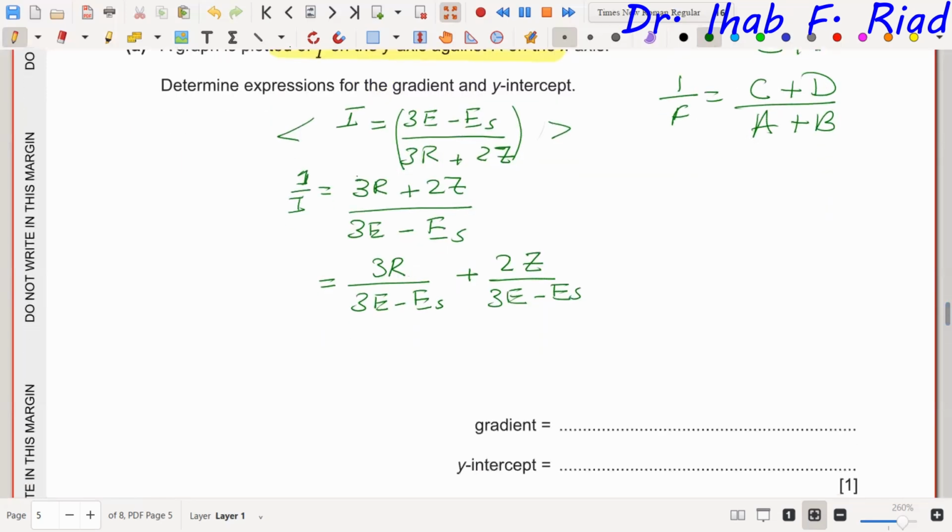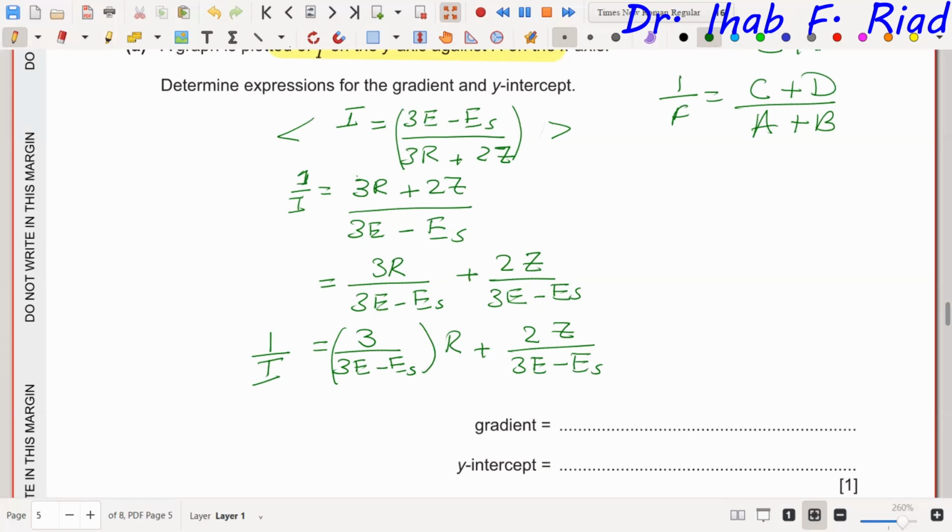Now this can look a little bit like an equation of a straight line. Why? If I rewrite it like this, does it now look like a straight line?